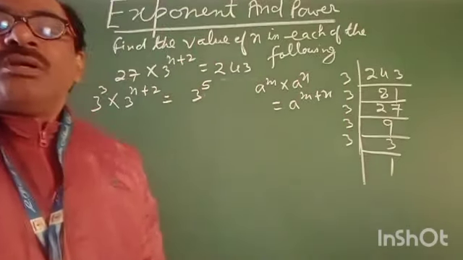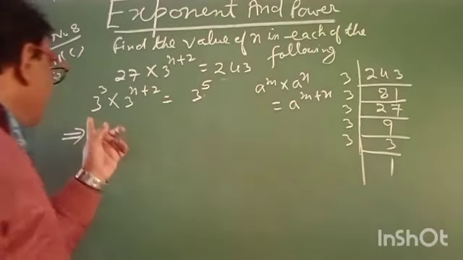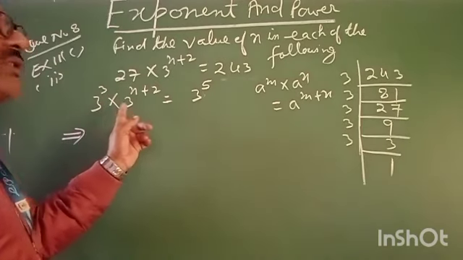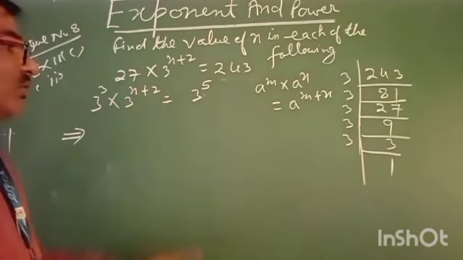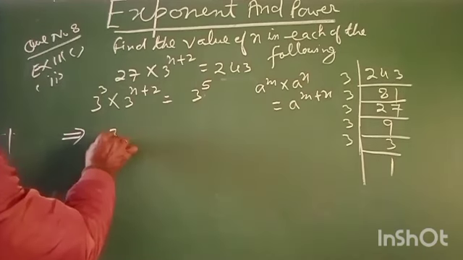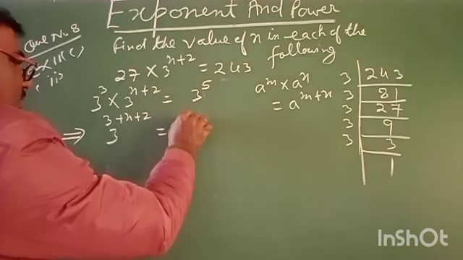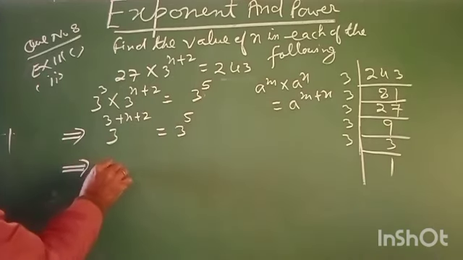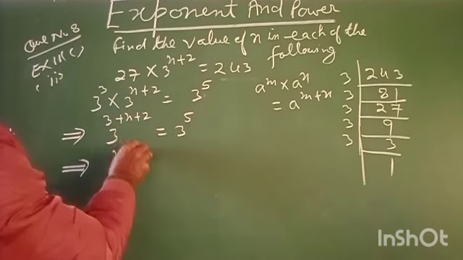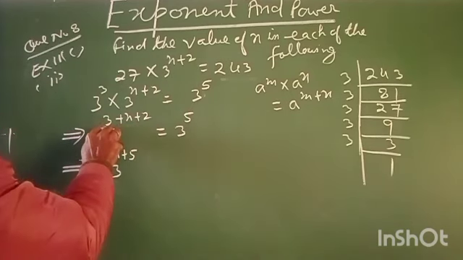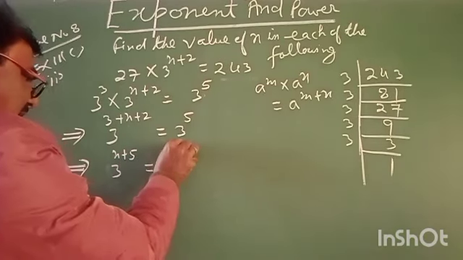According to this law, we can write 3 cube multiplied by 3 to the power n plus 2 as 3 to the power 3 plus n plus 2, which equals 3 to the power 5. Now 3 plus 2 equals 5, so 3 to the power n plus 5 equals 3 to the power 5.